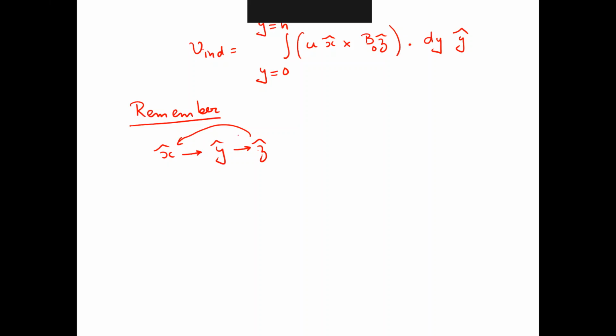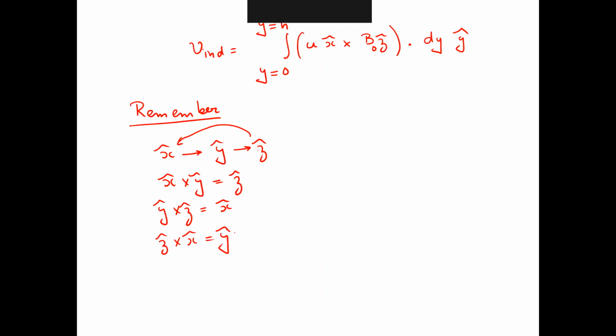So I arrange these in a circle and go around in a counterclockwise fashion to get the answers: x cross y equals z, y cross z equals x, z cross x equals y.